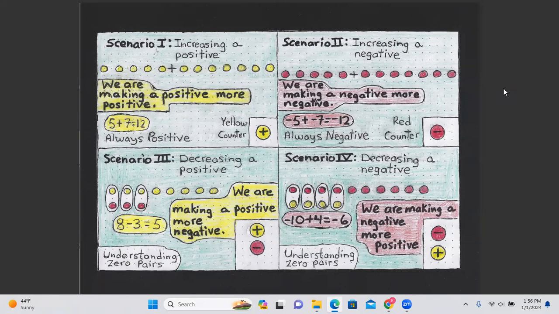I guess the best way to approach this is to compare and contrast two scenarios. So let's compare scenario 1 to scenario 2.